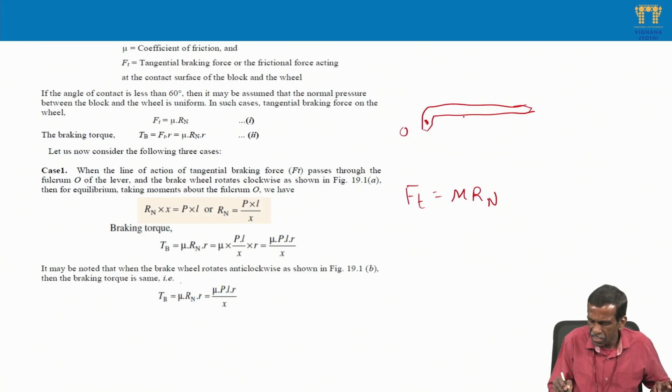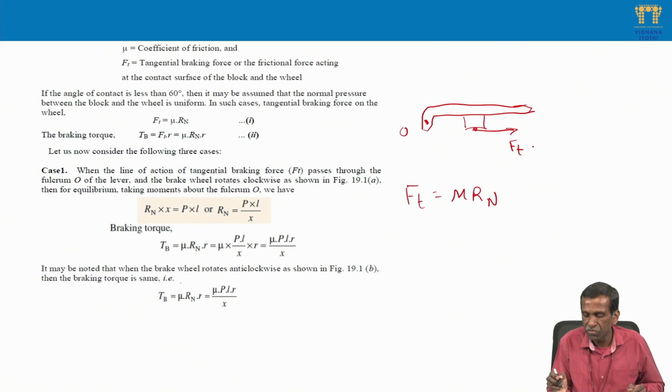On this we have shown the direction of the tangential force, because the brake drum is rotating clockwise. So the tangential force direction on the shoe is Ft, which is mu Rn. If the line of action of this tangential force is passing through the fulcrum, that is, coinciding in line with the fulcrum, then that is the first case.